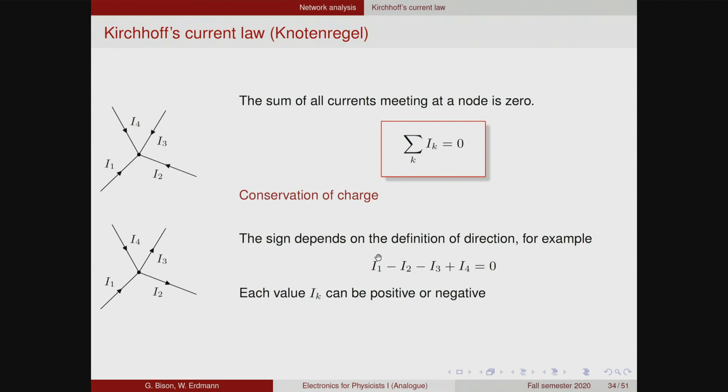So this will happen all the time, that we have to count currents with a different polarity depending on which node we look at. And this is important to see. One more thing to say, the values of the currents can be positive or negative, independent of how the direction of the arrow is drawn.